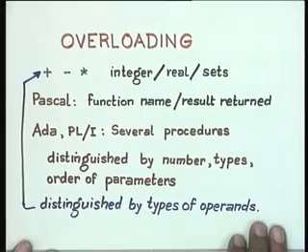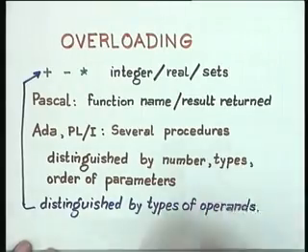For example, you might do plus for matrices of some kind, you might do plus to denote concatenation of strings or whatever. So in addition to the global bindings of plus which denote integer addition or real addition, you have two more new bindings and all four of them occur simultaneously in the same scope, and the only distinction is either based on the types of operands or on the types of parameters, which is mathematically the same thing, though in terms of language implementation it is different.